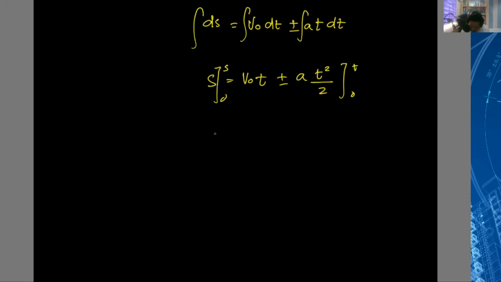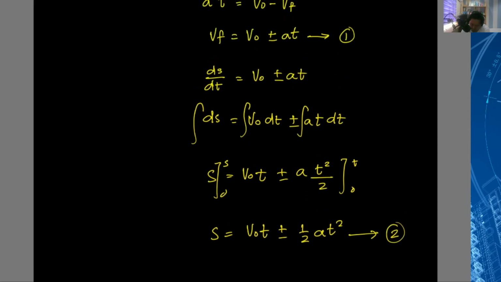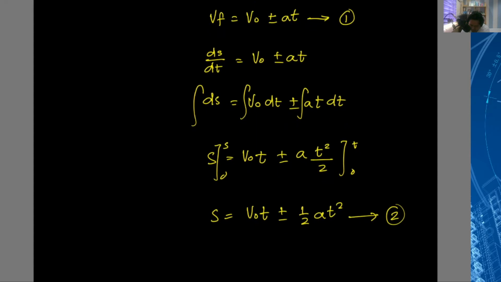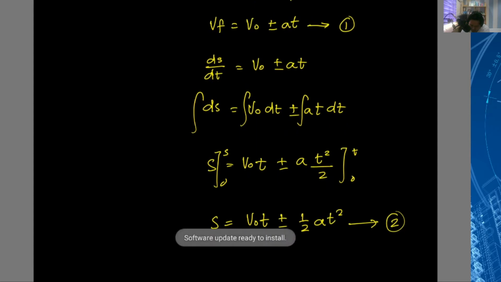Okay, so this remains S equals Vo t plus or minus 1/2 a t squared. Okay, so this is now the formula number 2 to be memorized. Okay, so again, formula number 2 just came from formula number 1. So we are just expressing the formula in terms of distance.